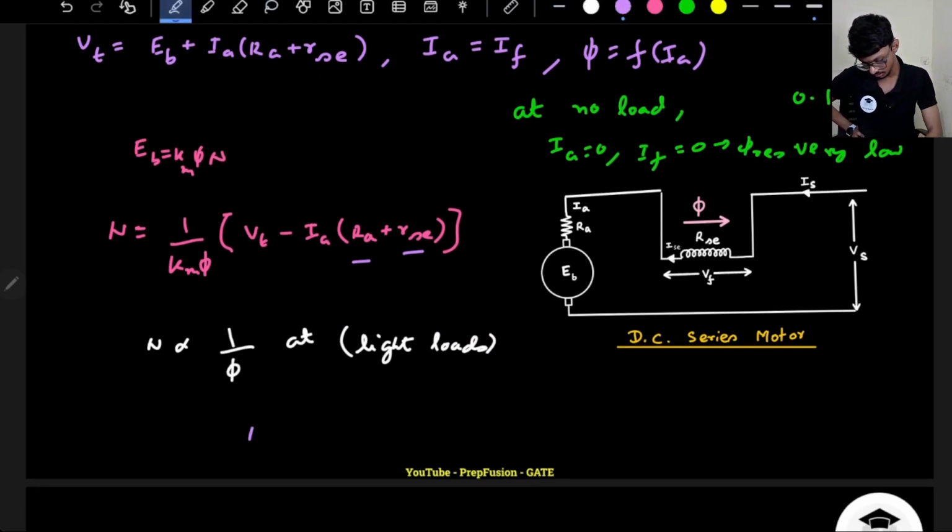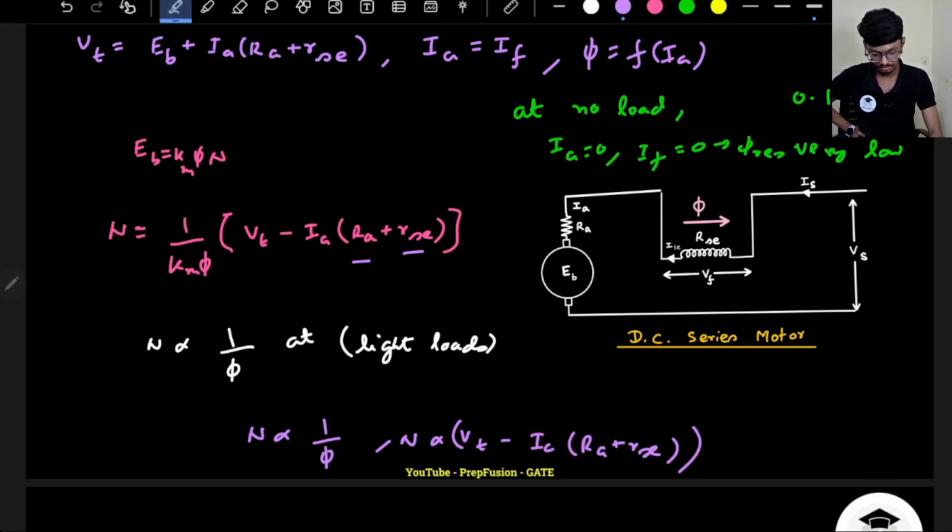At larger loads, speed will be inversely proportional to the flux and also proportional to Vt minus Ia (Ra plus Rse), right, because Ia is there. So if Ia is changing for large values, it will vary along that.